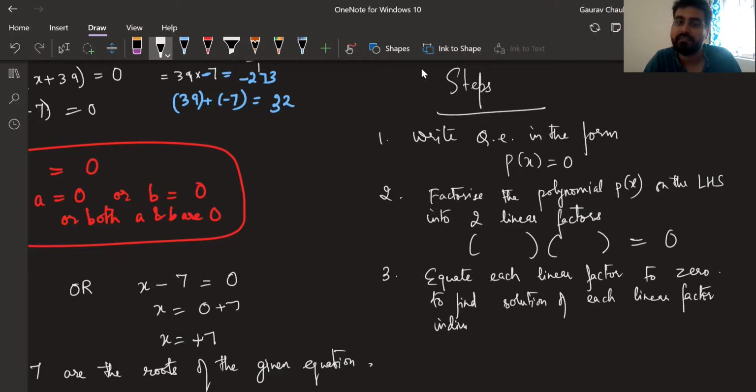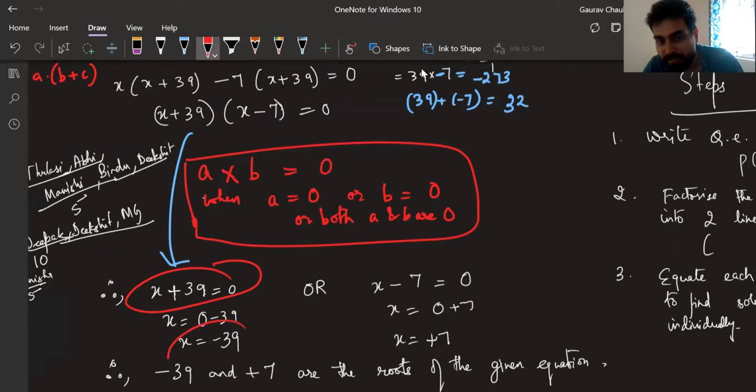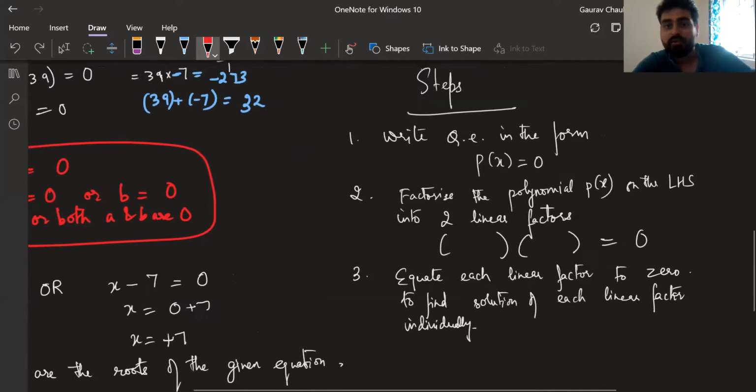You're finding first linear factor is x plus 39. This is becoming x equal to minus 39. This is the solution of this, right? So you're finding the solution of this linear factor. You're finding the solution of this linear factor.